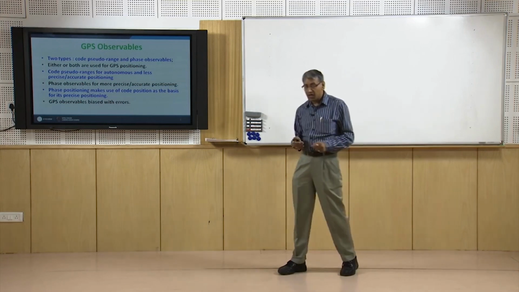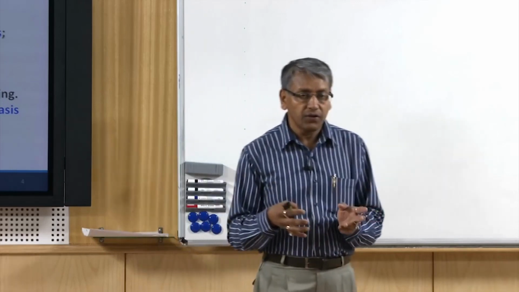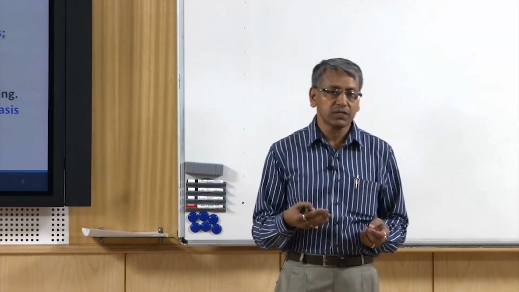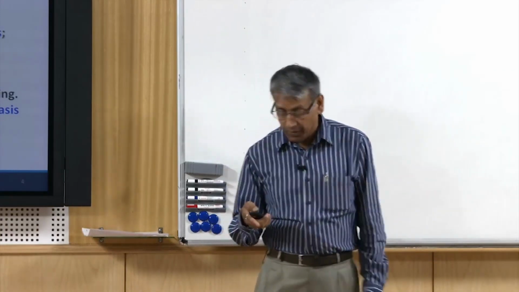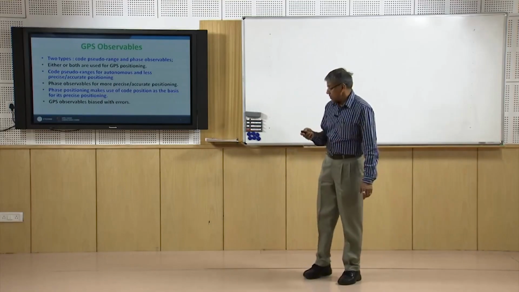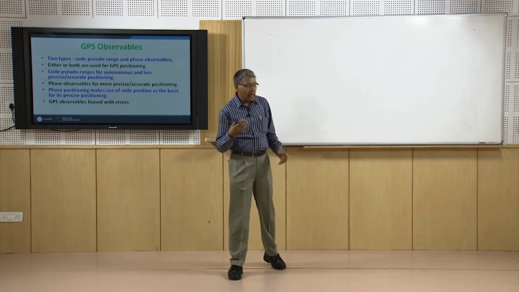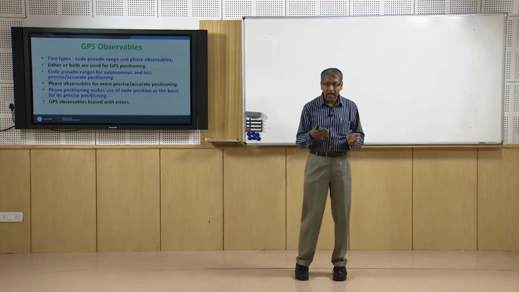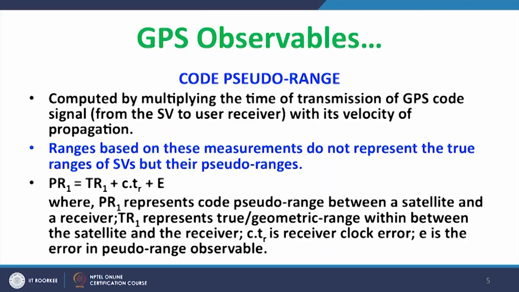However, since these observables come from GPS signal measurements, and measurements are always fraught with errors, these observables also have errors which we need to know in detail, so that those errors can be removed and we end up with a more accurate, precise position. Now let me discuss the code pseudo range.